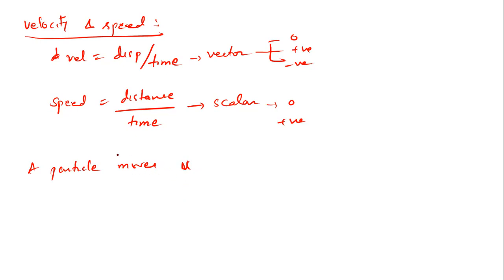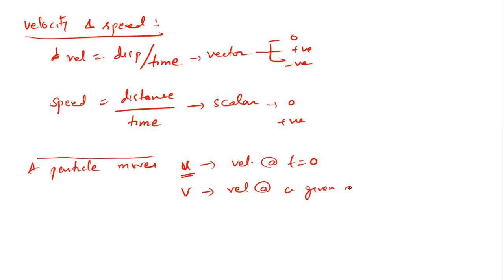Initial velocity u is nothing but velocity at time t equal to 0. The final velocity v is nothing but velocity at a given destination. And then you have average velocity.